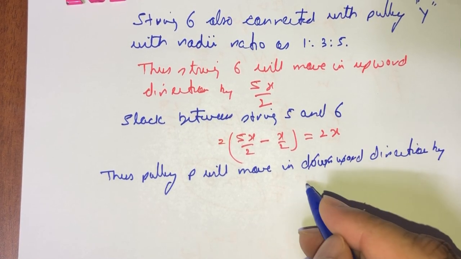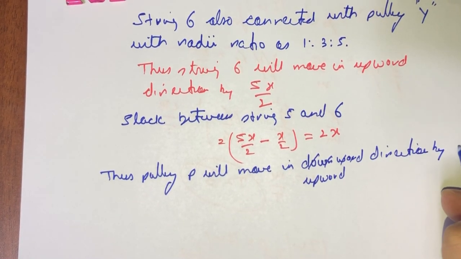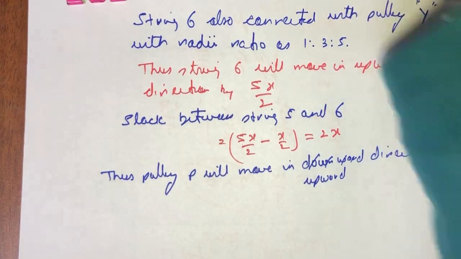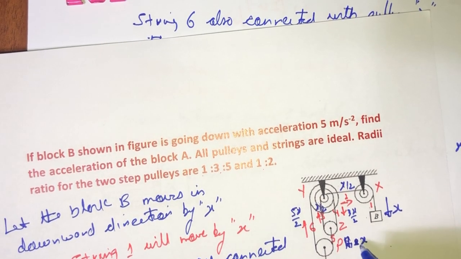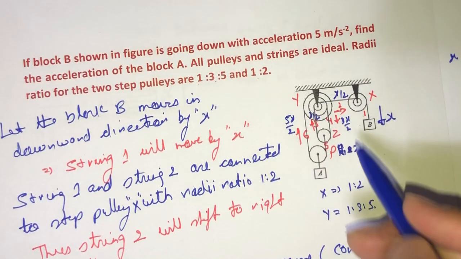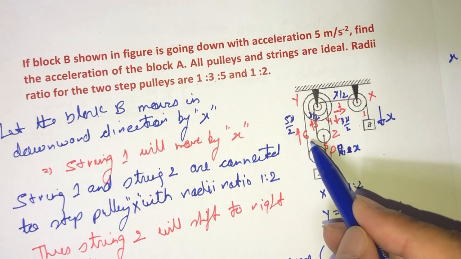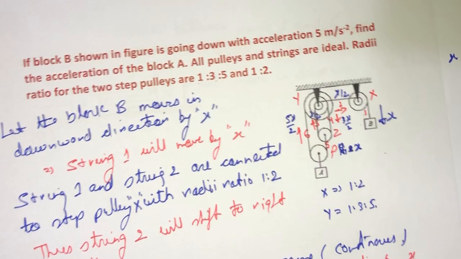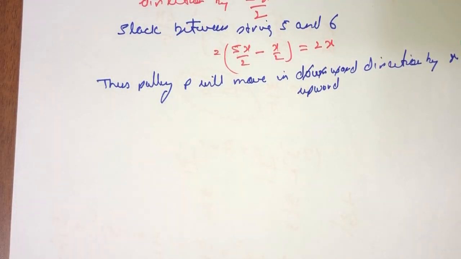Sorry, it will move in upward direction. Let me correct it. Upward direction by x. If pulley P is moving in upward direction by x, then only we are going to get a slack of 2x between 5 and 6.